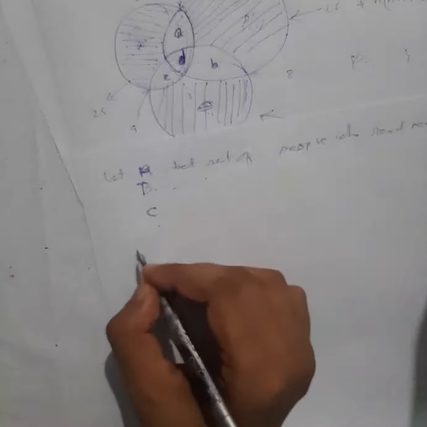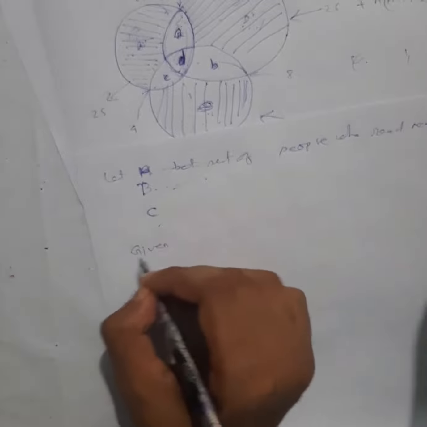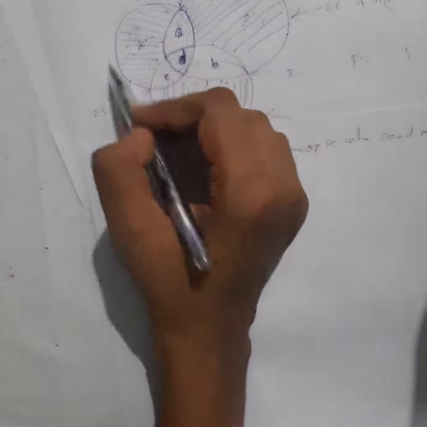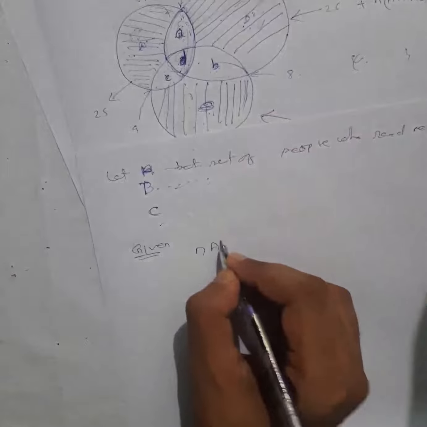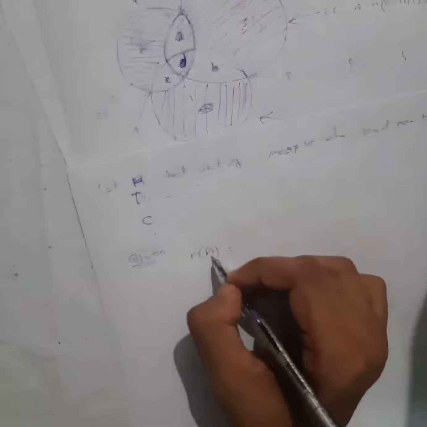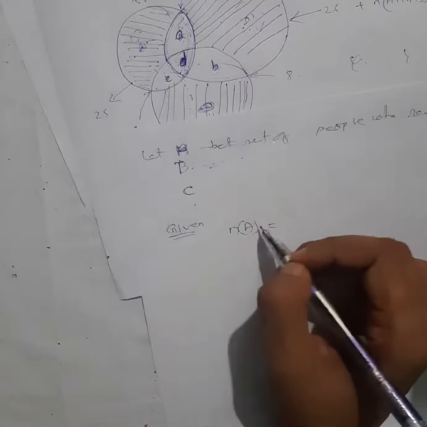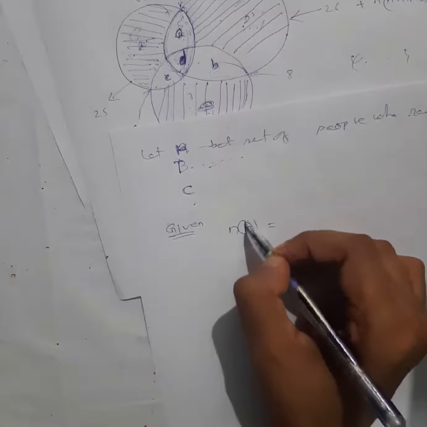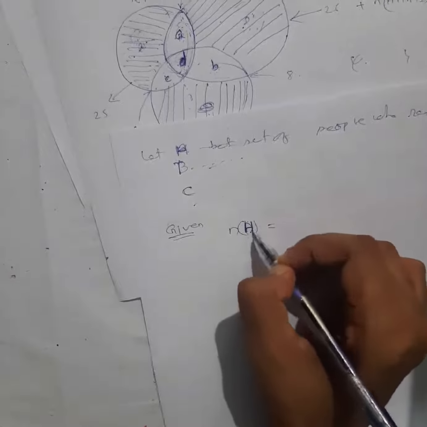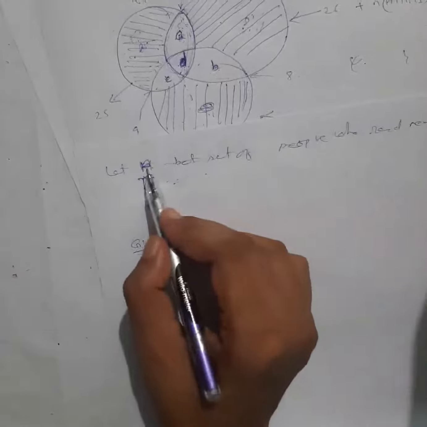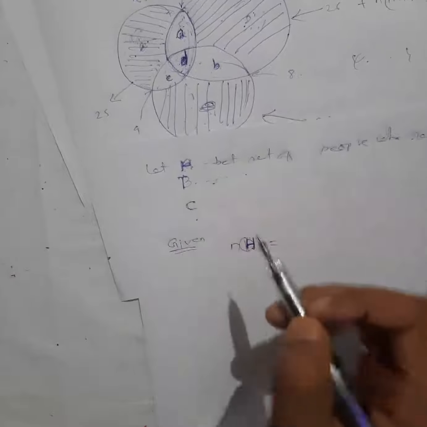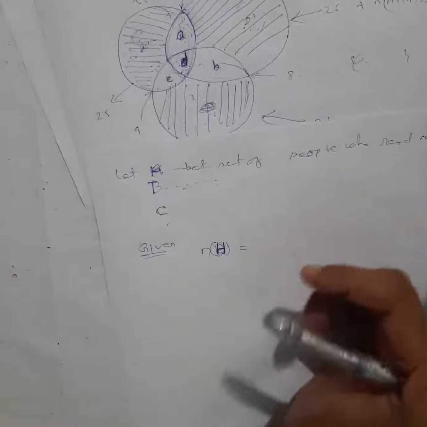So what is given? This is given, right? Number of people who read newspaper H. If you write A, then you write down A here. If you want to mention the name as H only, you can write H here. According to you. But whatever you have mentioned here, that you write down here.